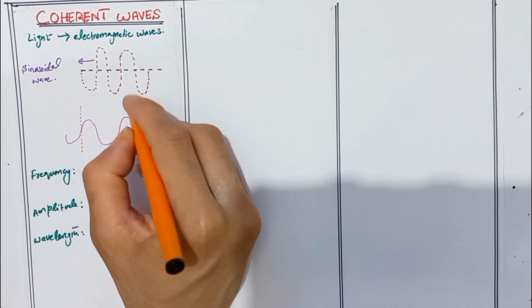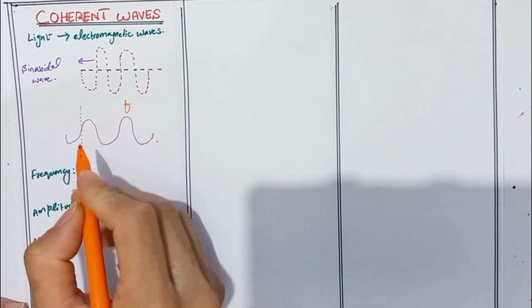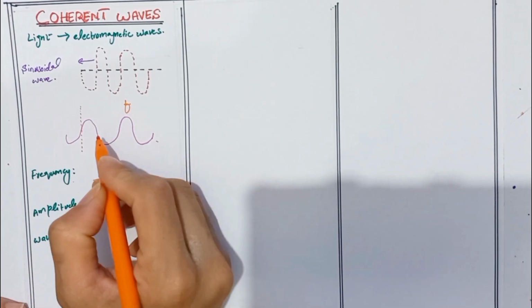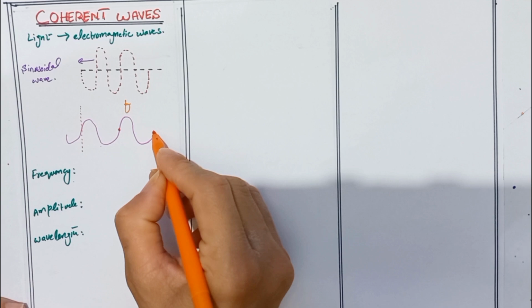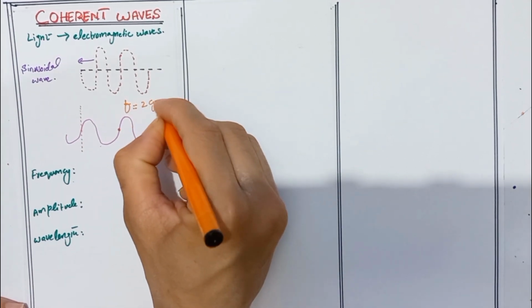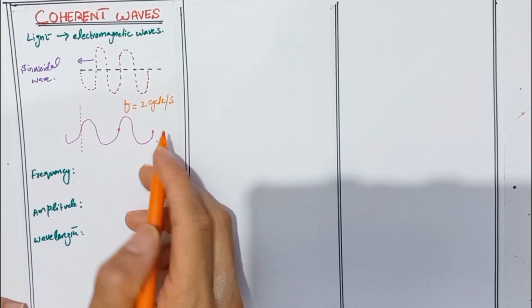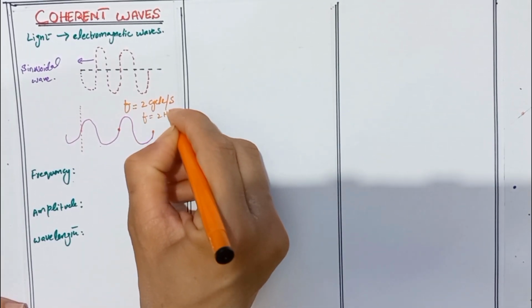We start counting the number of cycles of our wave passing per unit time. This quantity that we measure is the frequency, denoted by f. In this case, the wave completes 2 cycles per unit time. At this dot it completes 1 cycle, and at this dot it completes 2 cycles. So the frequency of the wave is 2 cycles per second. We measure frequency in hertz, so its frequency is 2 hertz.